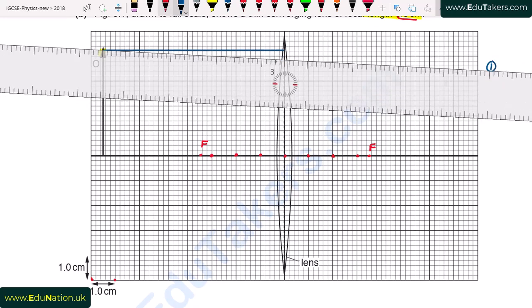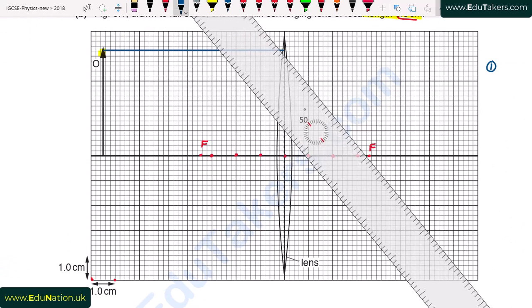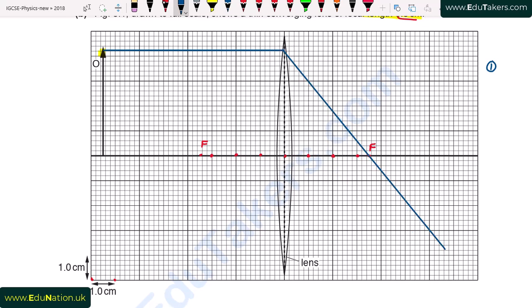Now this ray is refracted by this lens and then passes through the focus point. This is ray 1. Second ray is the one passing through the center of lens and goes straight forward. It does not deviate. So I am going to draw this ray.